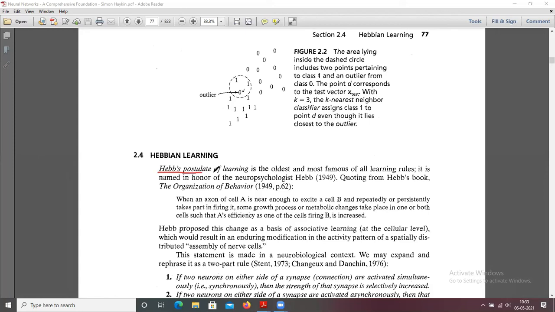Hebb's postulate of learning is the oldest and most famous of all learning rules. It is named in honor of the neuropsychologist Hebb.